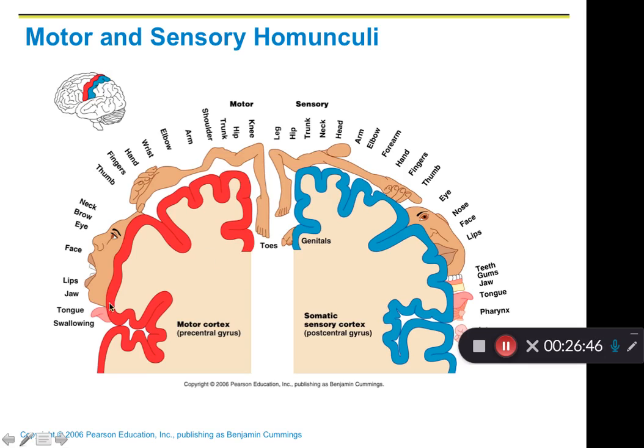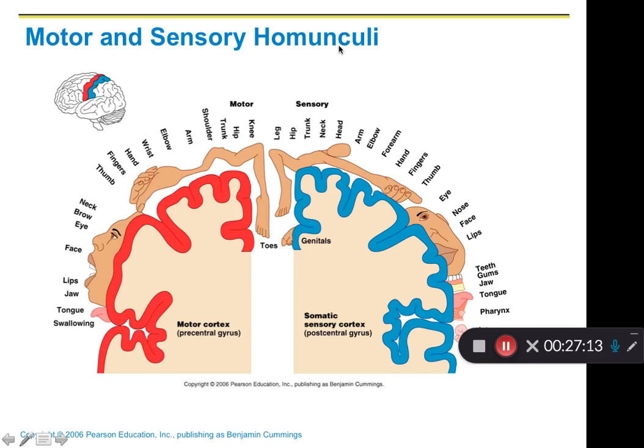this part is the primary motor cortex. The motor cortex innervates the movement. So this cortex innervates the motor movement.